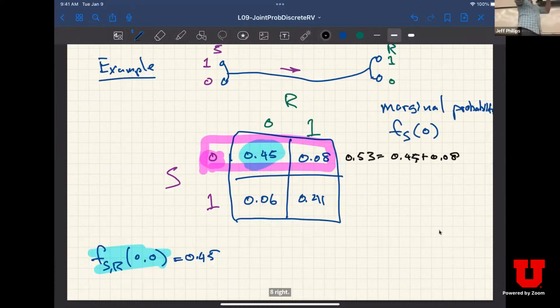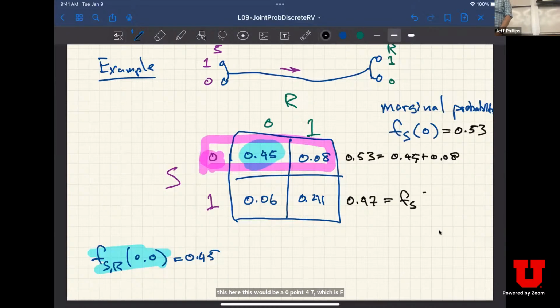You write it in the margin of the table, and it's summing up along that row, right? So this is 0.53. And then I could also do this here. This would be 0.47, which is f of s equals 1, right? That's summing along the row where s is equal to 1. I can get the marginal probability here.